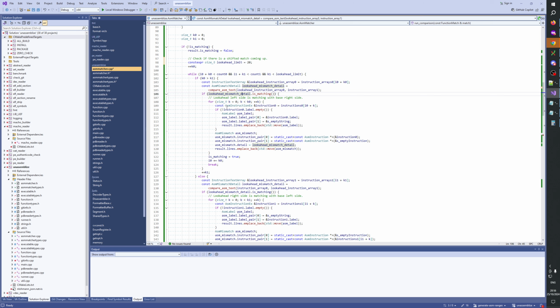If it is matching, then we go through the number of lines and we check. Let's add a comment here.